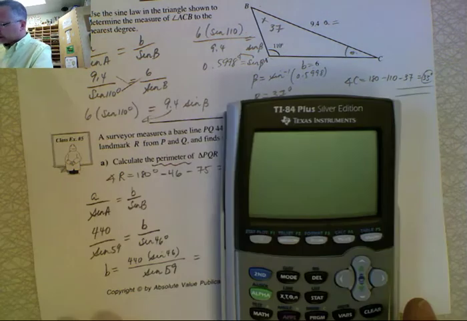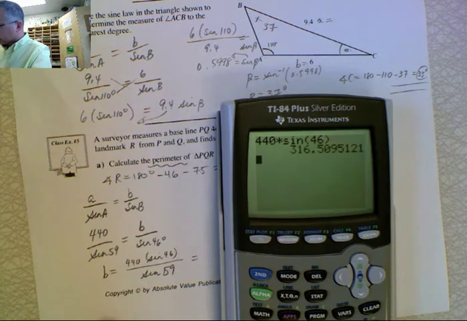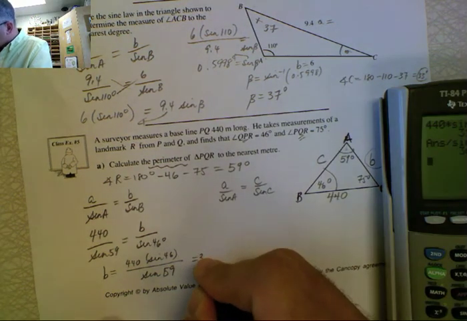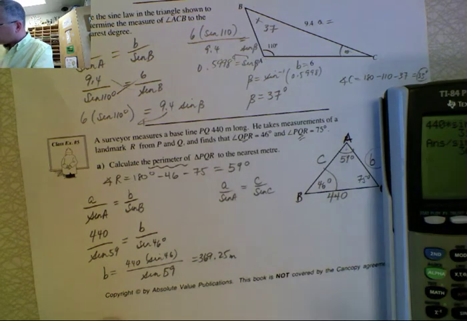And if we take out our calculator and figure that out, 440 times the sine of 46 divided by the sine of 59 tells us that side B is 369.25, in this case, meters.